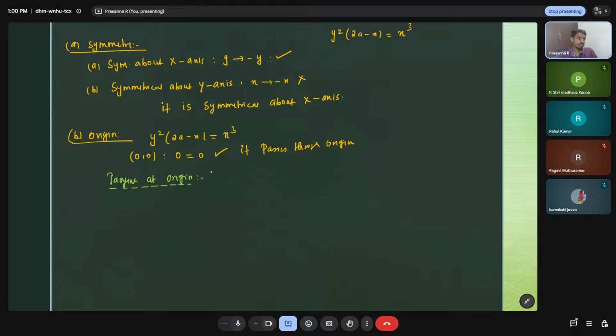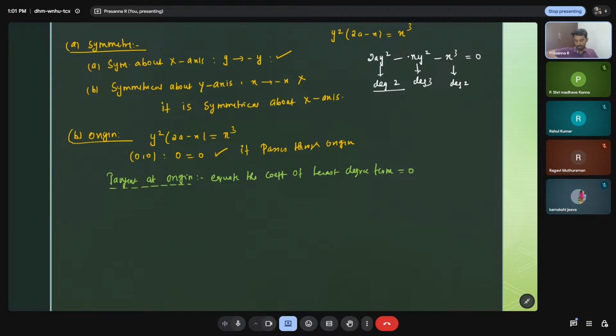For the tangent at the origin, you have to equate the least degree term to 0. So what is the least degree term here? We have 2ay square minus xy square minus x cube. The term xy square is degree 3, x cube is degree 3 again, and 2ay square is degree 2.